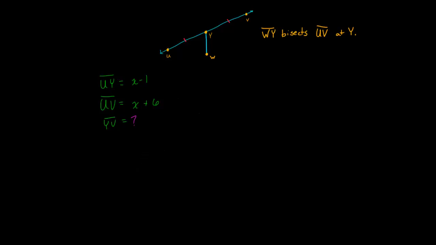Alright, so I'm going to draw my figure again real quickly. I'm going to put it up over here on this side, and fill in U, Y, and V, so that way I can look at exactly what it's asking for.